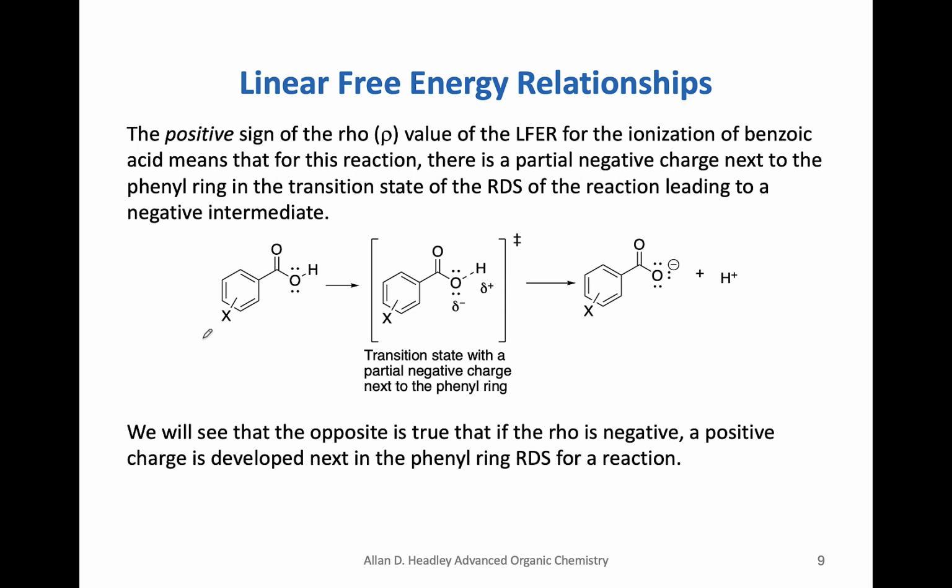So first of all, here's the benzoic acid again. So benzoic acid, substituted benzoic acid here, X could be in the para position here or in the meta position. Okay, so if you measured all the equilibrium constants and made a plot, you will get a plot of +1 for the slope, which implies that, let's see what it implies.